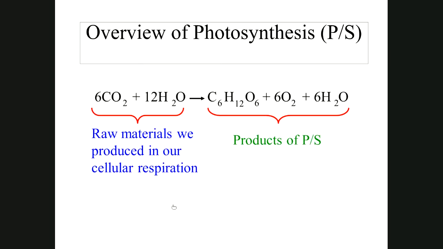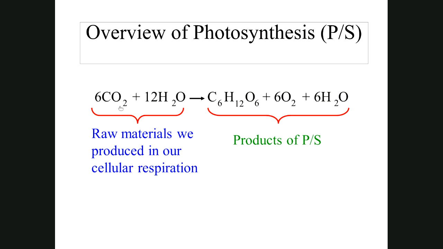Here's an overview of the equation. This is about as short as you can get. And you see on the far left, it says raw materials we produce in our cellular respiration. When we exhale, these products come out. These are waste materials from our own cellular metabolism of our cells. Carbon dioxide gas, water. Well, those happen to be the raw materials for photosynthesis.